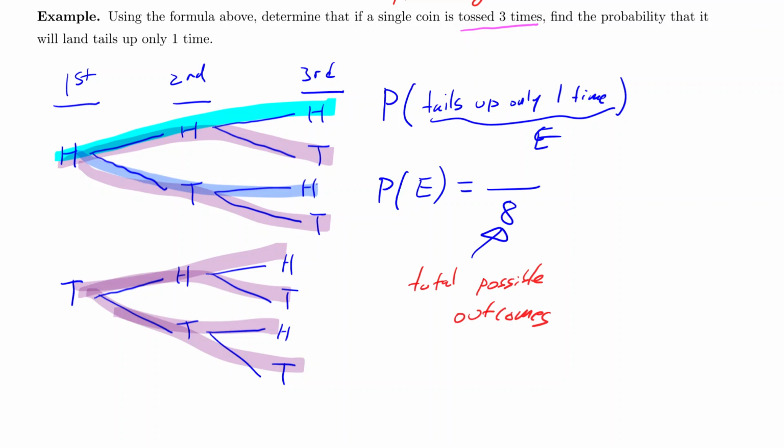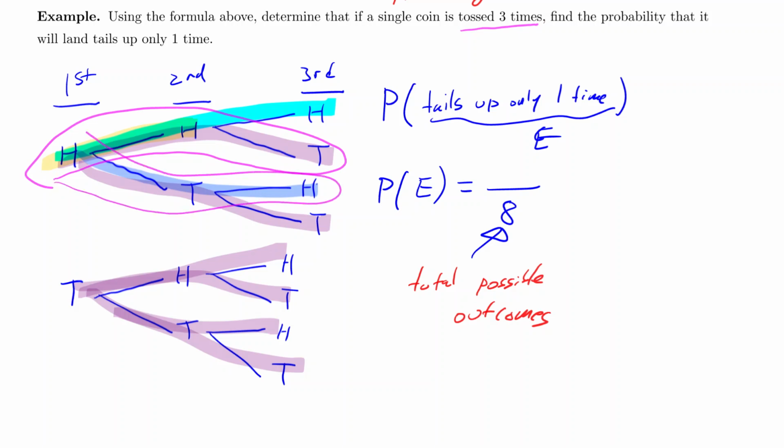And out of these, which of these have only tails 1 time? So we just find them. Tail only 1 time. So this one right here, let me use a different color. You can follow this. This one right here, head, head, tail, has only 1 tail. This one also has 1 tail, so we have 2. And lastly, this one also has only 1 tail.